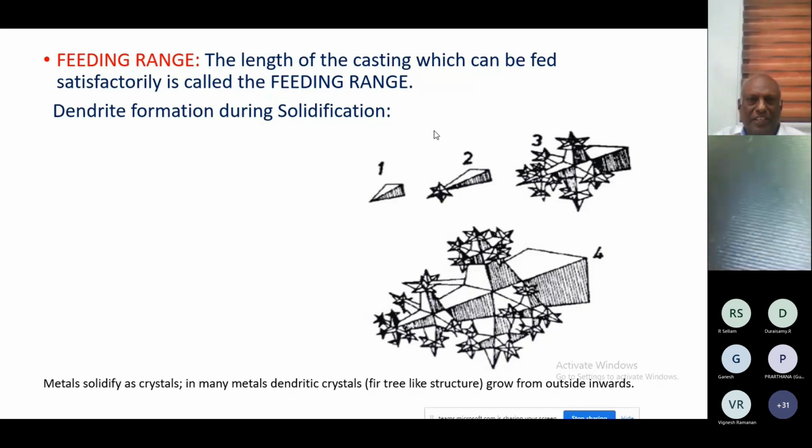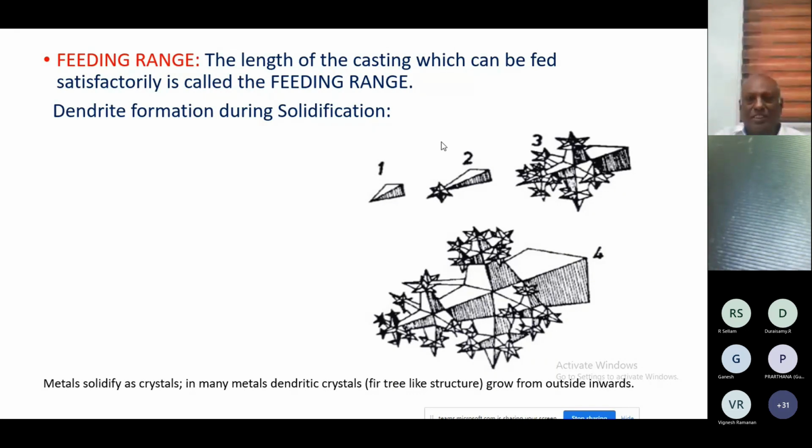Metals, while solidifying, solidify as crystals. Here in this figure, in the first phase of solidifying, a crystal is formed. The next phase, at the tip, some more crystals are formed, deposited on the tip.